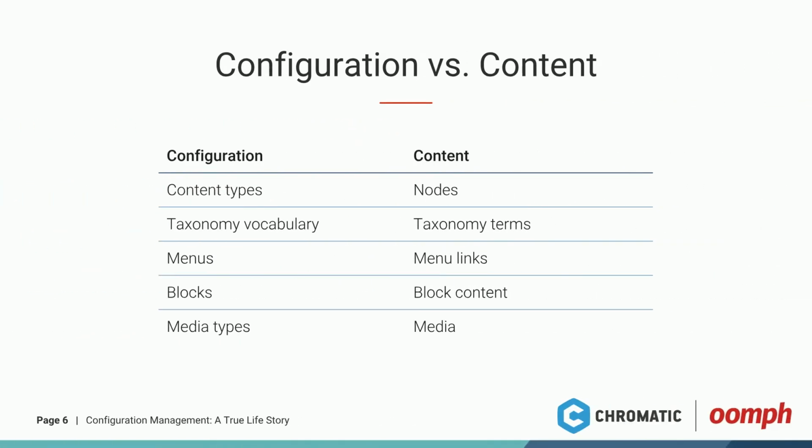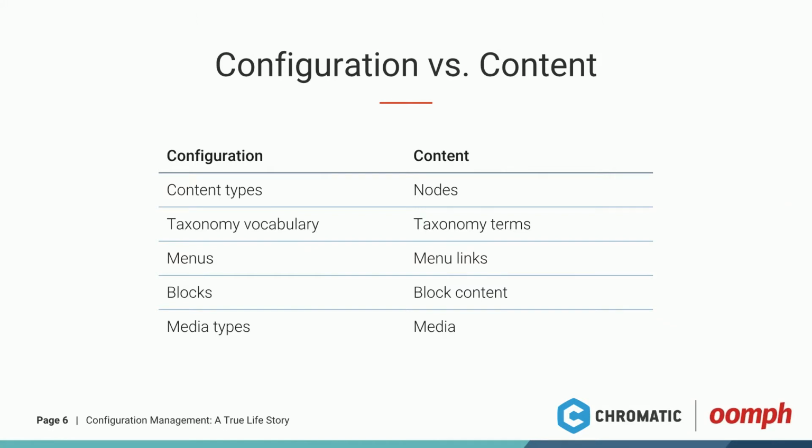So here is a breakdown of what is content and what is configuration. So we'll go through this pretty quick. Content types are configuration. The nodes themselves are content. Taxonomy vocabularies, again, configuration. The terms themselves are content. Menus, again, configuration.